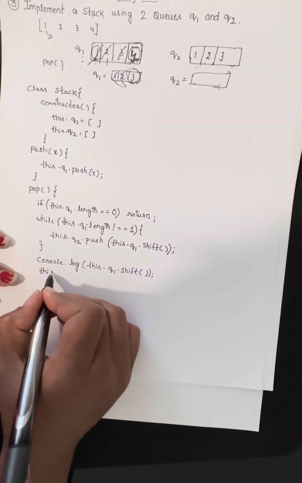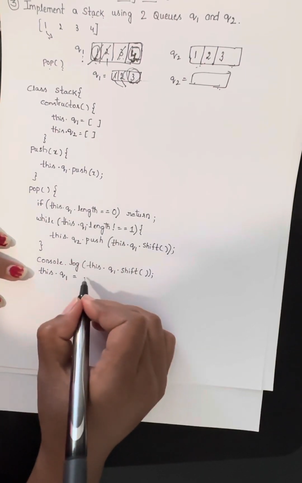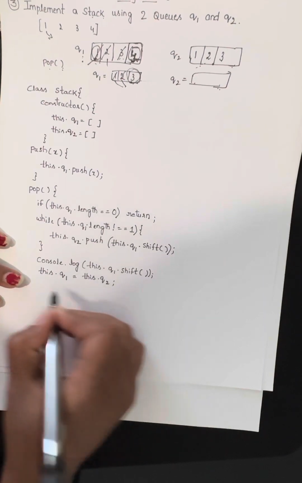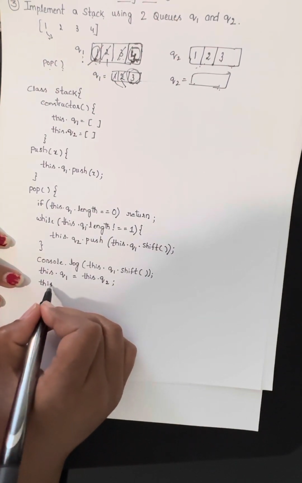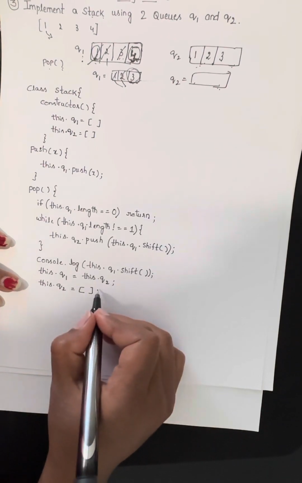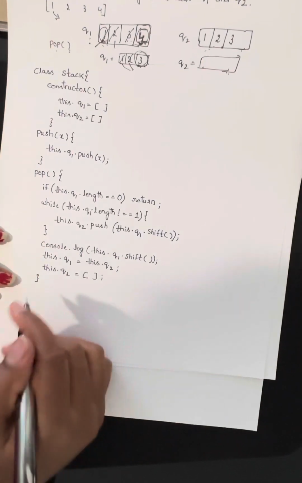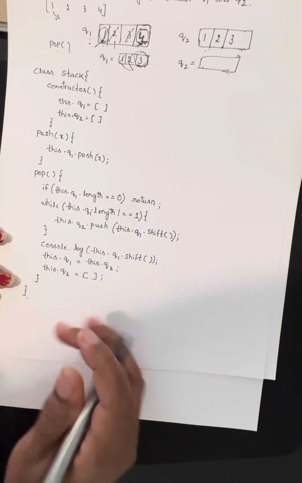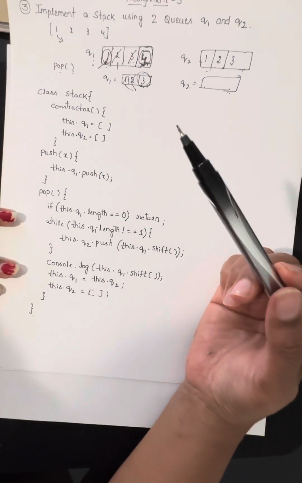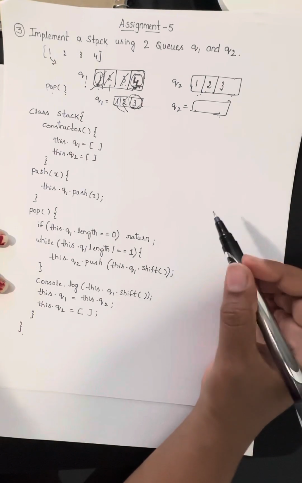Then we make this.Q1 equal to this.Q2, and this.Q2 becomes empty. So this is the code for implementing the stack using two queues.